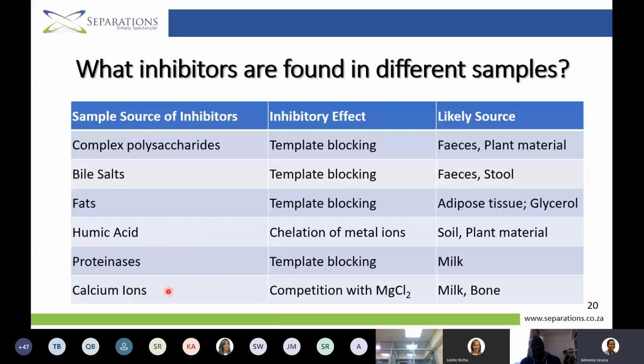You see here they range from humic acid to complex polysaccharides. And really why we worry about them is that they play a significant role in failure of your polymerase chain reaction type experiments, which definitely is very much at the heart of next generation sequencing. So we want to really focus on getting our samples rid of these inhibitors.